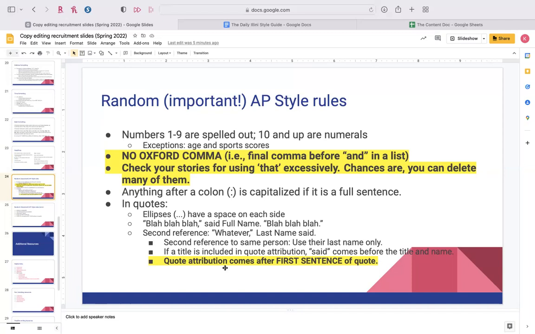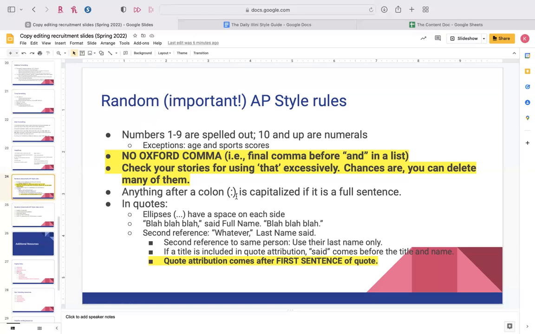One big thing for us is that we don't use the Oxford comma. That means you would get rid of the last comma in a list that includes "and." Sometimes stories use that a lot, and that's something you would want to get rid of. If you can read it without the "that" and it makes sense, then you should be deleting it.